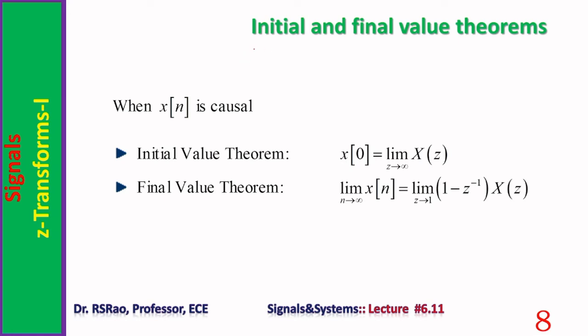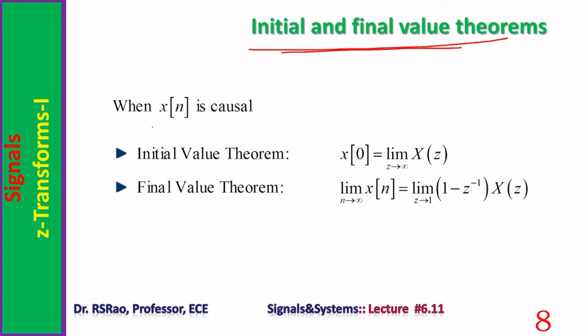Initial and final value theorems. These are similar to the initial value theorem and final value theorem in Laplace transforms. In Laplace transforms, these theorems are in the continuous time domain, whereas here these are discrete time domain versions.